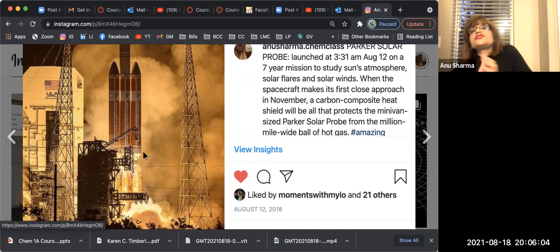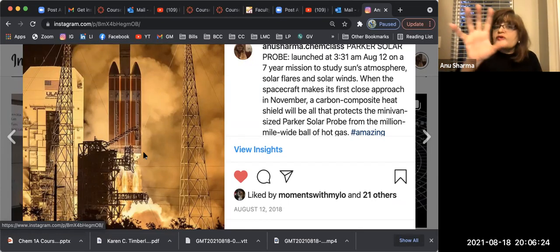Now, here's a very interesting thing. The sun is extremely hot, millions and millions of degrees. Anything that goes into the sun is going to melt. But how could they send a rocket up to the sun to study that area, or to go closer to the sun?